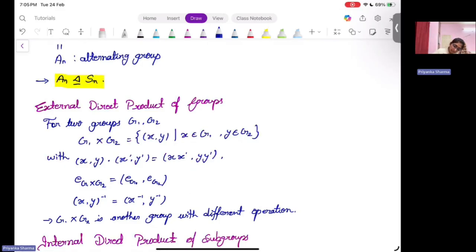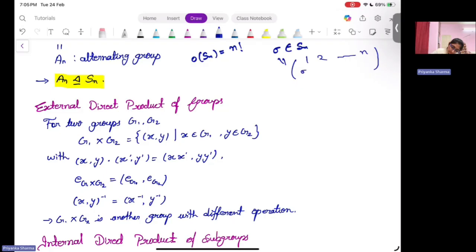And we have another result actually. What is the order of Sn? This is factorial n. Why? Because any element of Sn can be formed by shuffling the images between 1 and n.